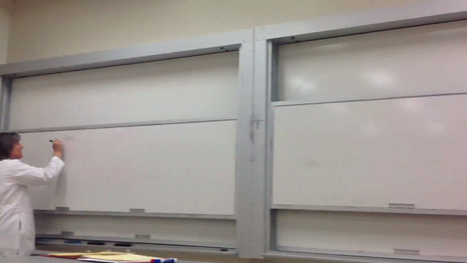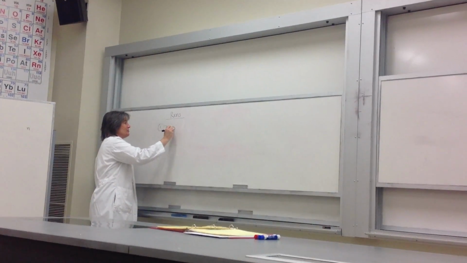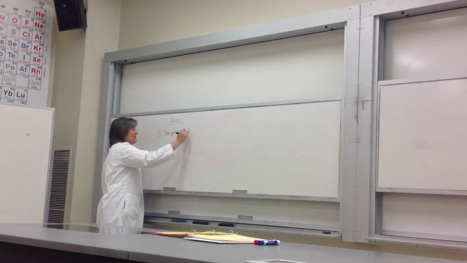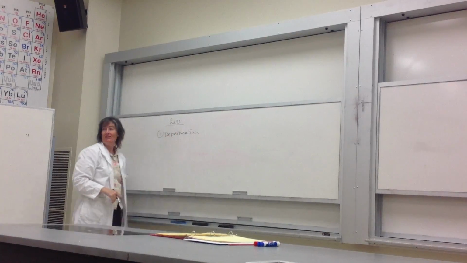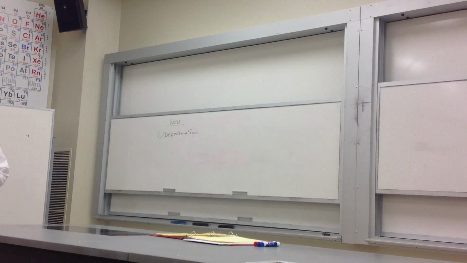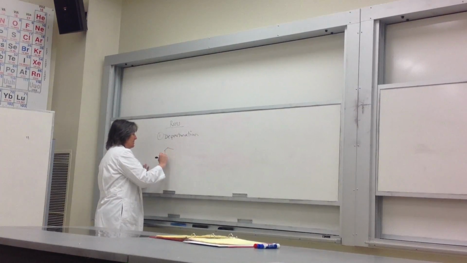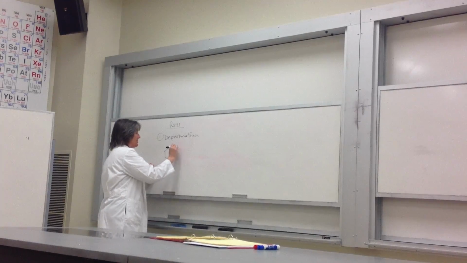So this is all under reactions. And this first one seems stupid, but deprotonation. So we're going to use the fact that that hydrogen on the oxygen is acidic and pull it off. So let's say we had cyclohexane carboxylic acid.